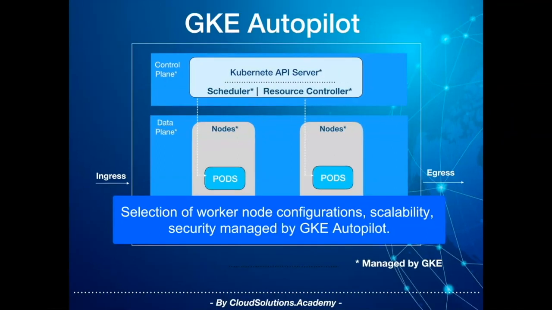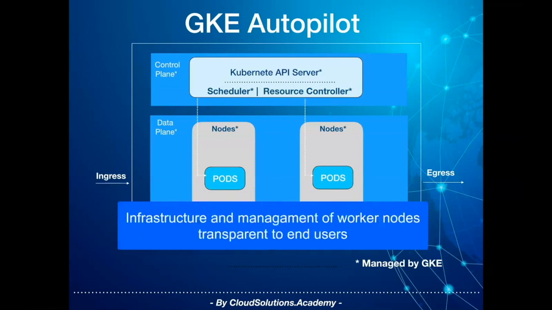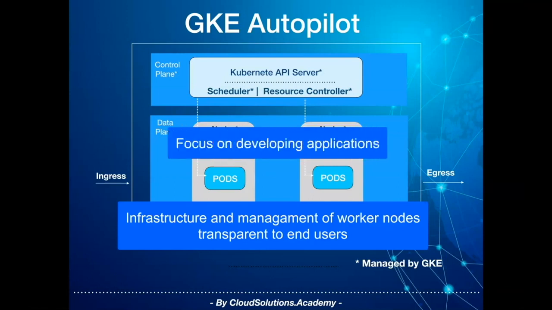In my view, as the name suggests, GKE is now in autopilot mode, where all the heavy lifting on infrastructure and scalability requirements is handled by Google Cloud transparently, and you just need to work on developing your applications.